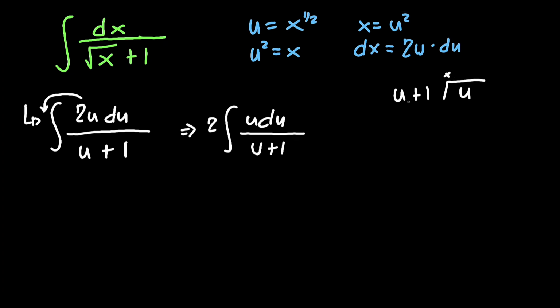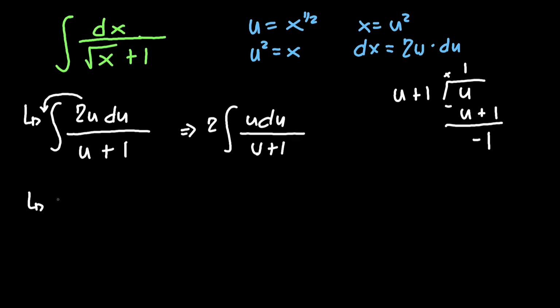And so, u divided by u would be equal to 1. And so, 1 multiplied by u would be u. This should be negative. 1 multiplied by 1 would be 1. And so, u minus u would be 0. And negative of 1 would be negative 1. So, this would become simply the remainder of negative 1.